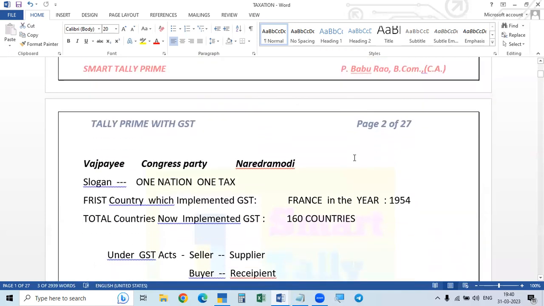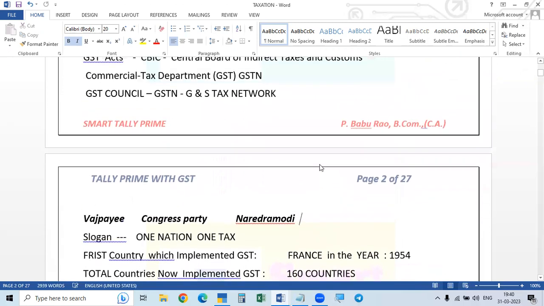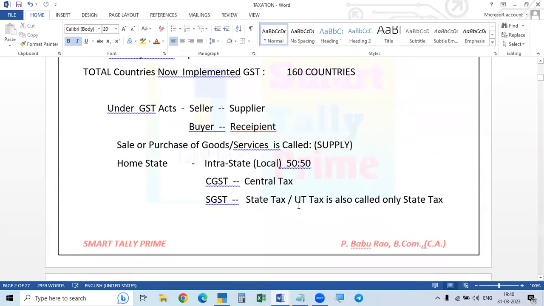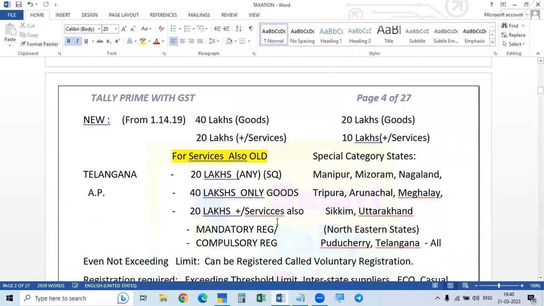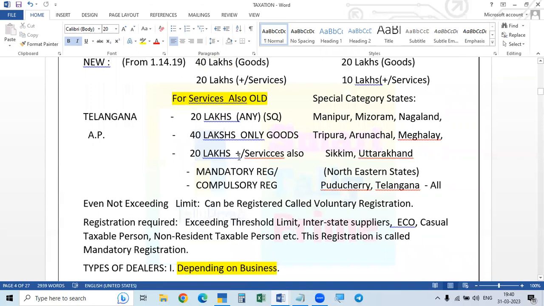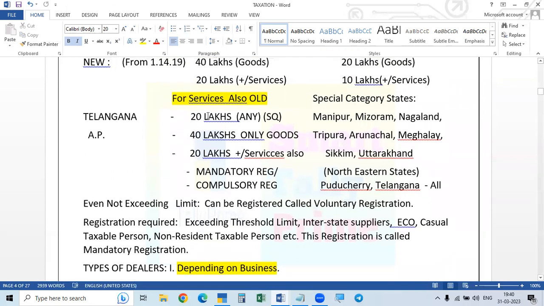So GST we have learned. And after that, what about the registration? Every dealer, every businessman, as per the limits, if the turnover exceeds these limits, they have to get registration.